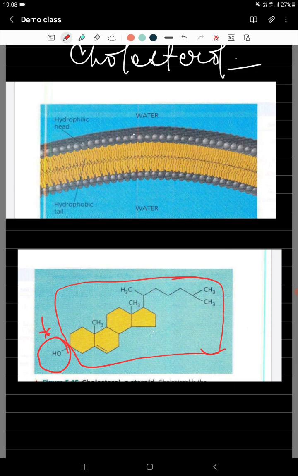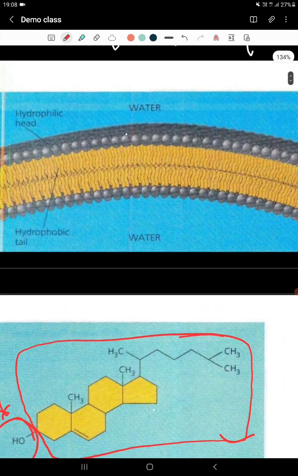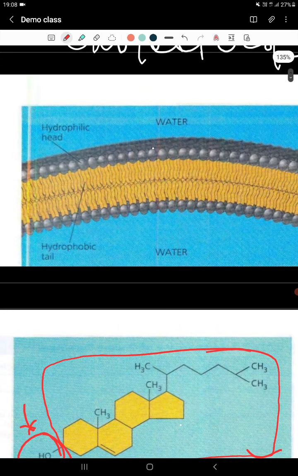Now, if you look in a little detail, the plasma membrane itself has two layers. This is one layer and this is another layer. In each layer you could see tiny ball-like structures. These are the hydrophilic parts of a fatty acid, actually the membrane lipid.